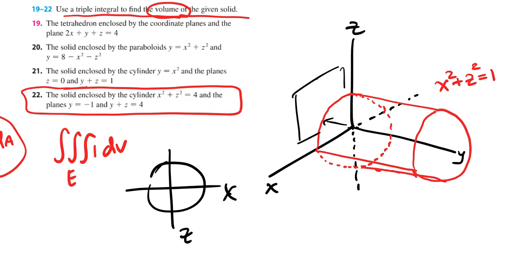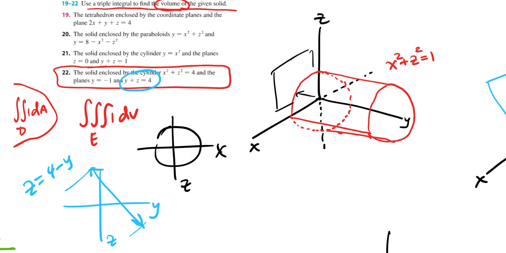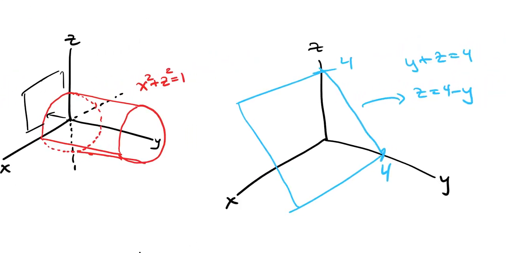And then y plus z equals 4 starts out as a line in the zy plane, so it's z equals 4 minus y, which is this line right here. And since there's no x coordinate, you just pull it out into the x direction, so that's this.